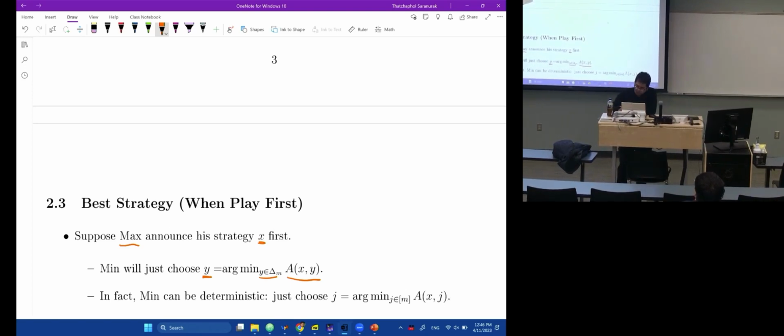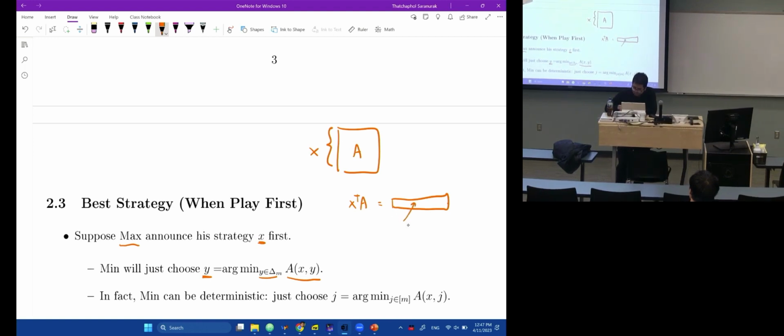But actually I claim that this strategy Y can even be deterministic. Why? Because when you have the matrix A and X is chosen, you can just average this thing and you get X times A, and that looks like one row now.